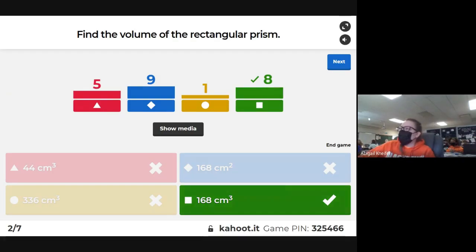The correct answer is 168 centimeters cubed. Lots of you guys put squared, not cubed. Volume is cubed.